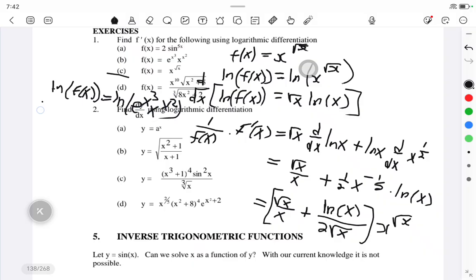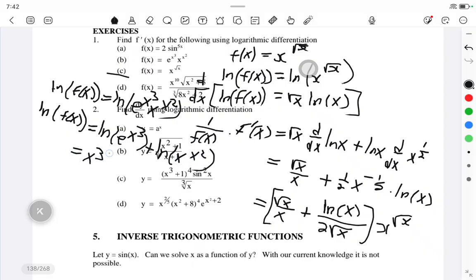And then in this case, this will just be ln of a to the x3 plus ln of x to the x2. We say, right, this will be x to the 3 ln of a, and ln of a is 1, so I don't have to write it, plus ln of x to the x2.